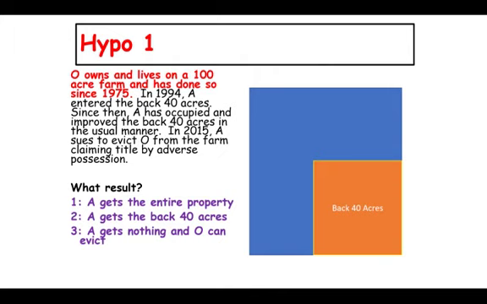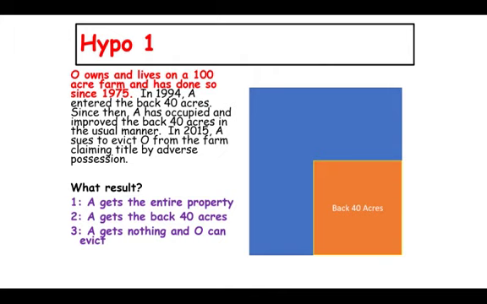Maybe O is old and doesn't do a circuit of the property every day or every month or even every year. A enters the back 40 acres and occupies and improves it in the usual manner. A built a house, A has a garden, maybe even A has a fence, all of the things that signal that A's use is open and notorious.